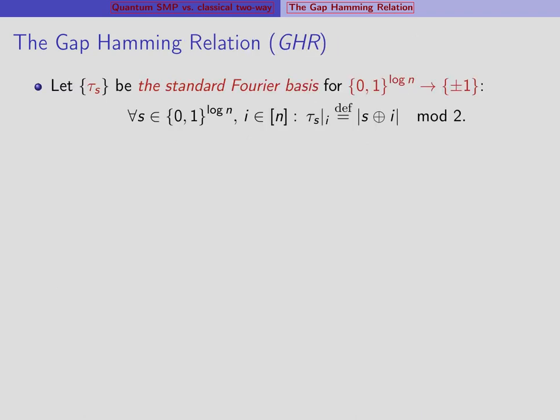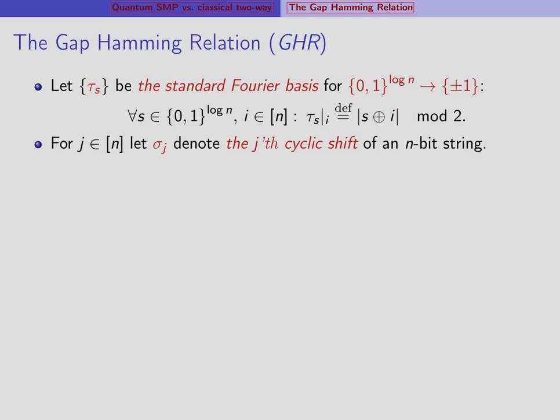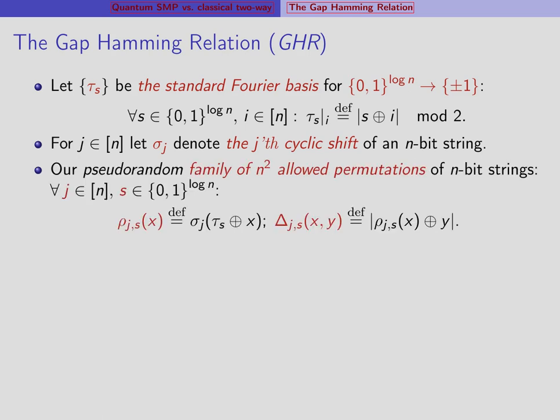We are ready to define our communication problem, the gap Hamming relation. Let tau sub s be the standard Boolean Fourier basis for functions over log n bits. Every such tau sub s is a function from log n bits to plus or minus 1, therefore it can also be viewed as an n-bit vector. For every j between 1 and n, let sigma sub j be the j-th cyclic shift of an n-bit string.